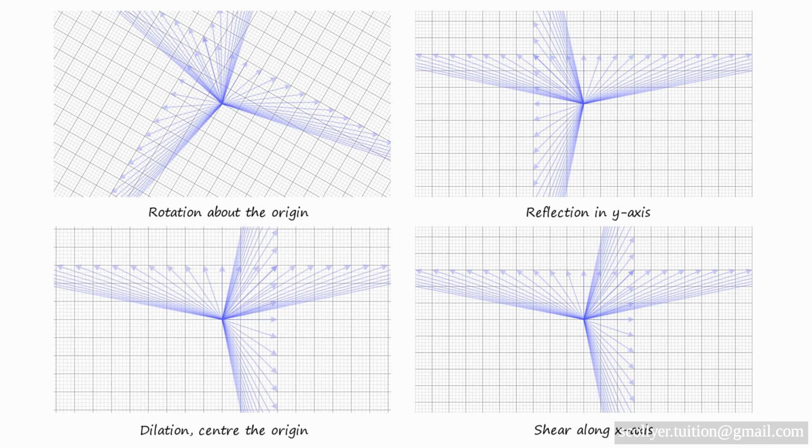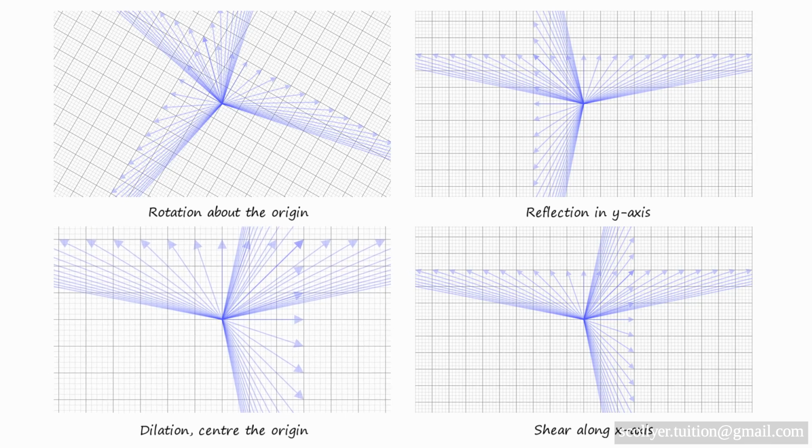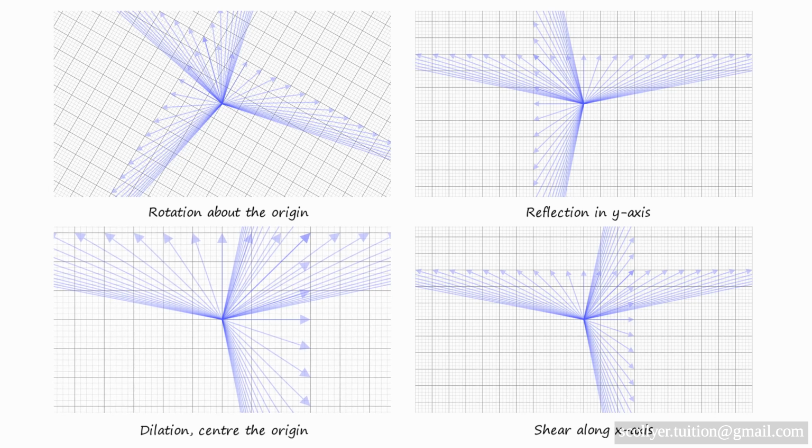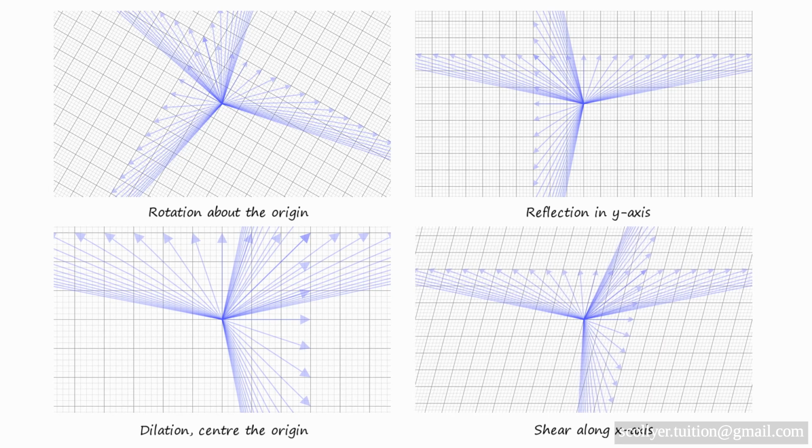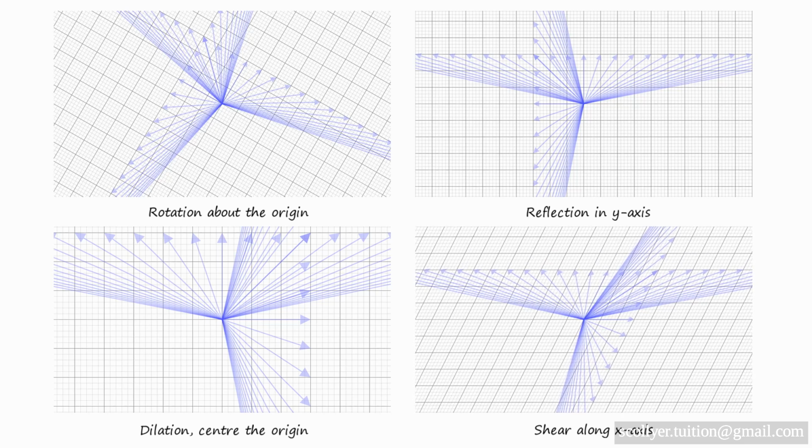Thirdly, we have a dilation centre the origin. And finally, we have a shear along the x-axis. We shall look at each of these specific linear transformations in more detail in later videos.